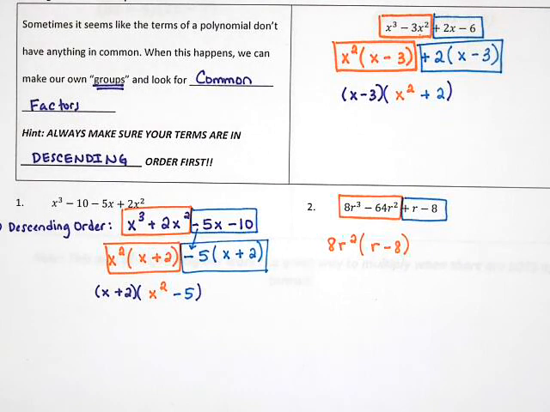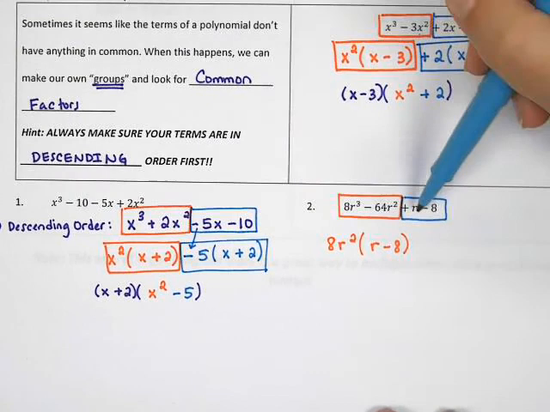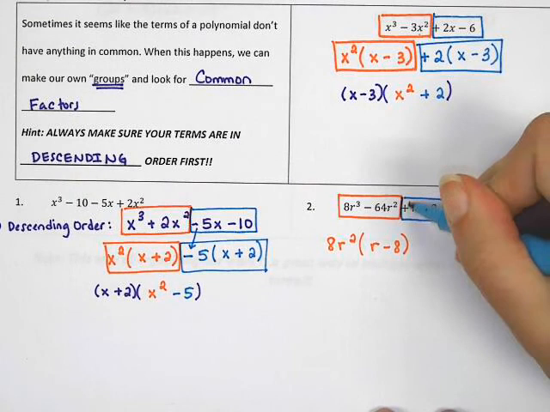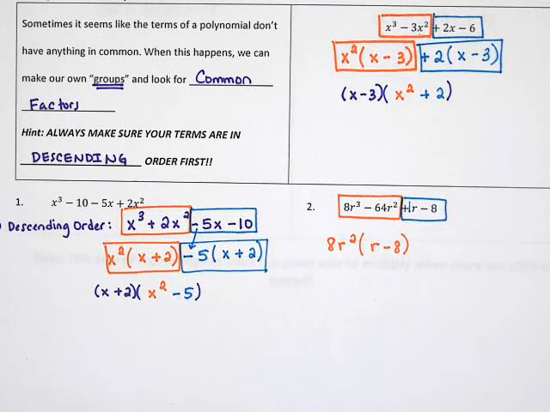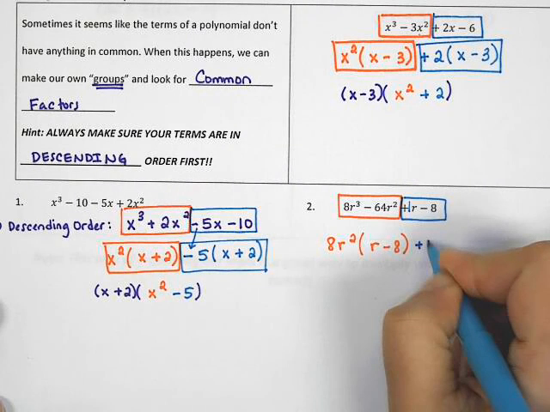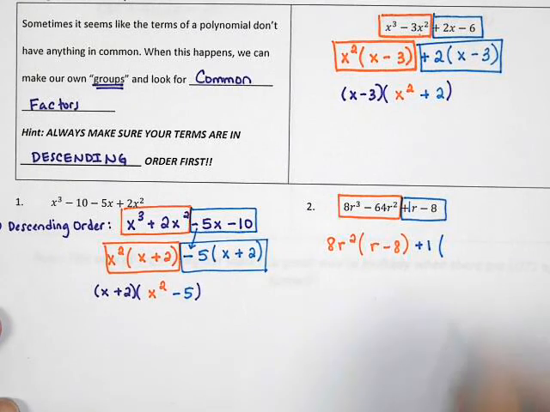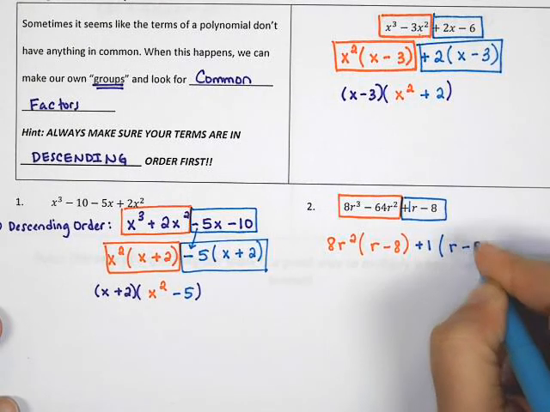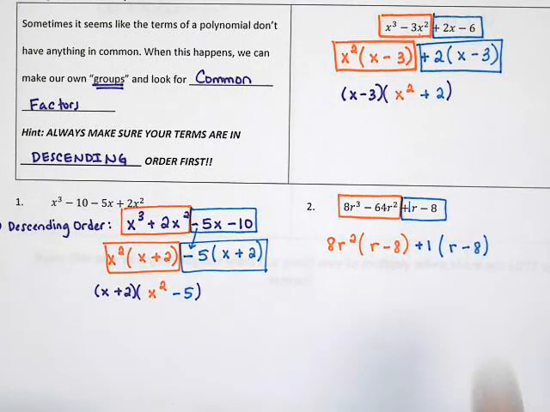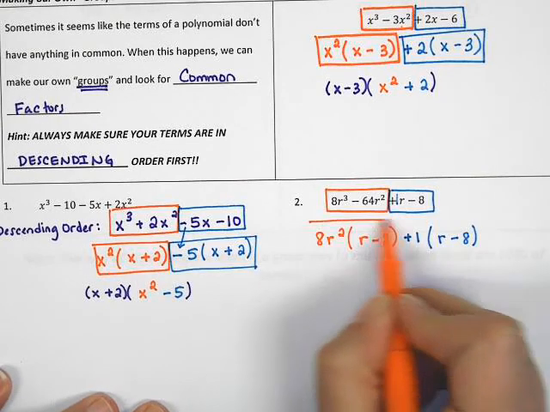Now, if I look at just the blue terms, they don't really have anything in common. Like, there's nothing that goes into the invisible 1 and an 8. So when there's nothing in common, our rule is going to be to just factor out a 1. If I divide everything by 1, I still have r minus 8. Now, these terms both have an r minus 8.